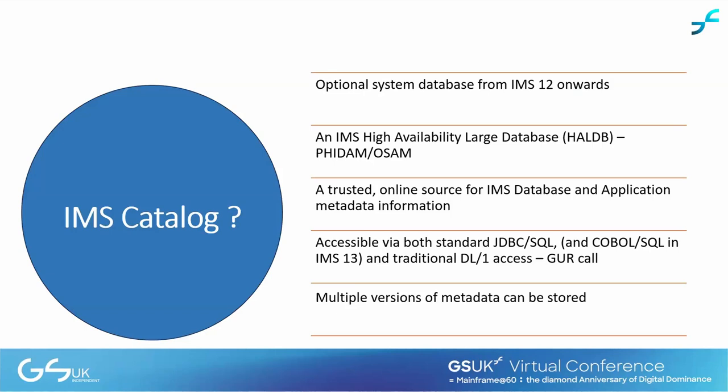And I got an interesting answer from an IBM expert that the first thing is they wanted to make it extremely fast. When you say fast, we know that there is a special kind of database called a FastPath database, or data entry database, right? But they still implemented this as a HALDB PHIDAM OSAM.